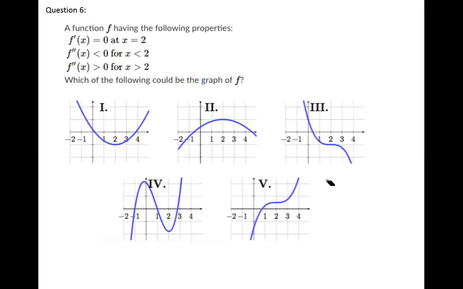We have 5 functions, and based on this description, maybe this question is like a 2 minute question. Based on this description, we have to pick which graph corresponds to it. First of all, we see the derivative is 0 at 2. What does this mean? Horizontal tangent at 2.